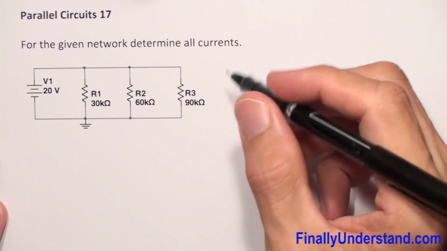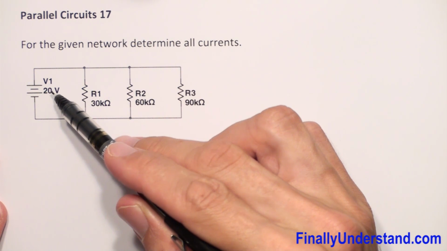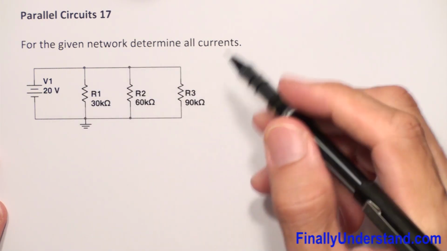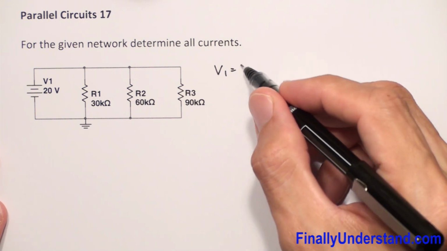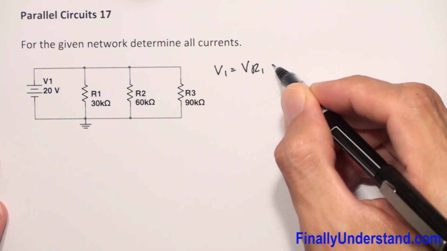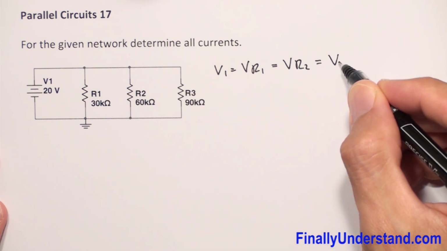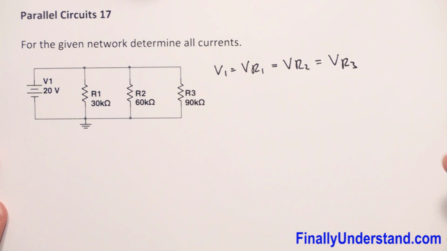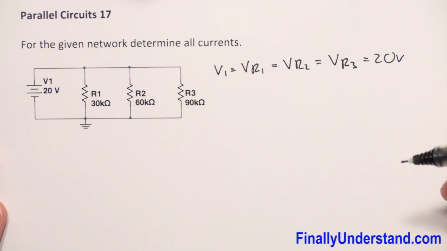The easiest way to find the currents which are going through these three resistors is simply Ohm's law. Keep in mind that in a parallel circuit, the voltage across each resistor is equal to the voltage source. So V1, my voltage source, is equal to the voltage across R1, which is also equal to the voltage across R2 and across R3, and this is 20 volts.